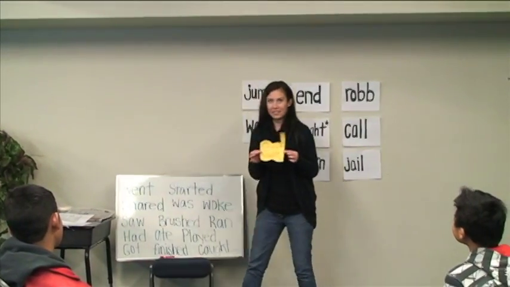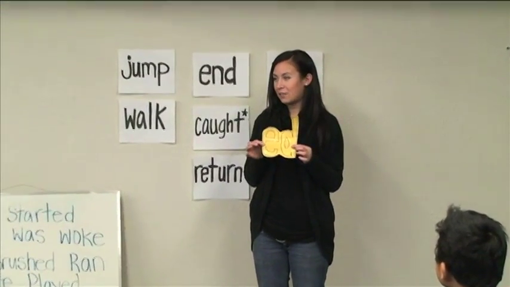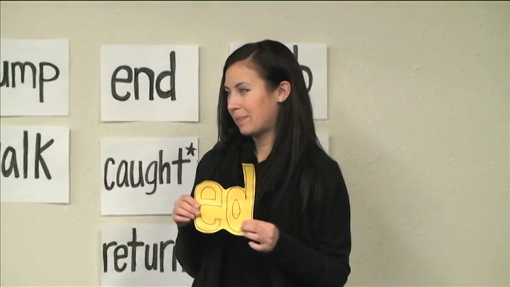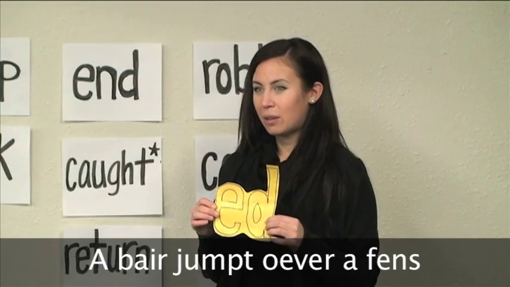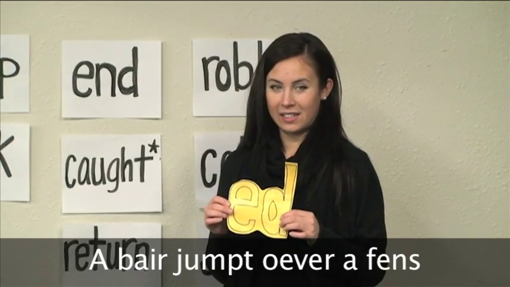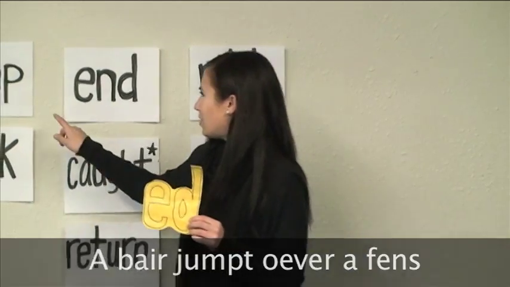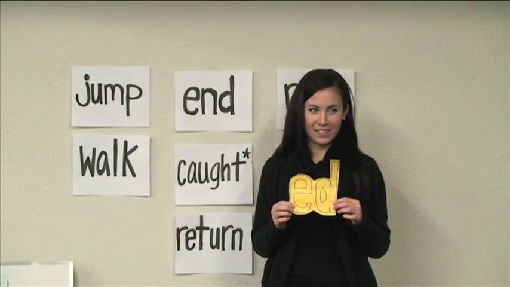This is ED. When you add it to the end of a word, it'll mean that word is in the past. So do you remember the first bit of our story? It said a bear jumped over a fence and he got out of the zoo. So if this is jump, where do you think this would go?